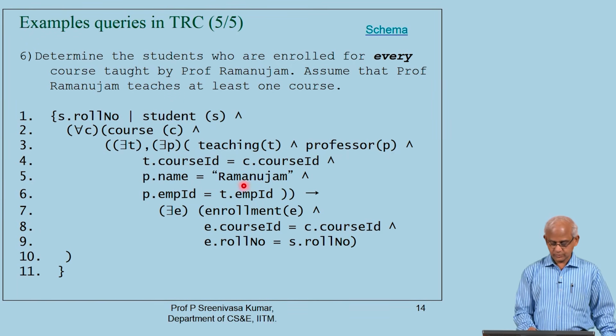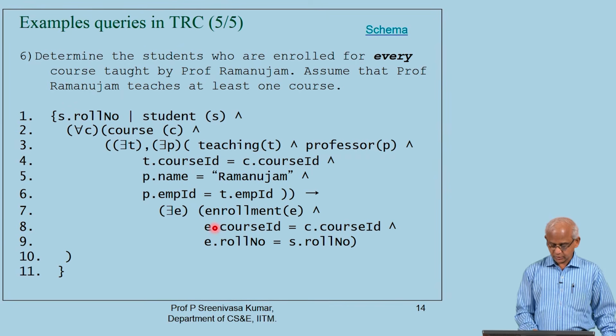So, this is how we will ensure that we are looking at a course that is being taught by Professor Ramanujam. Then in the consequent, what we are checking is that there exists an enrollment tuple that records that this course which is being taught by Professor Ramanujam is actually enrolled by the student under consideration.